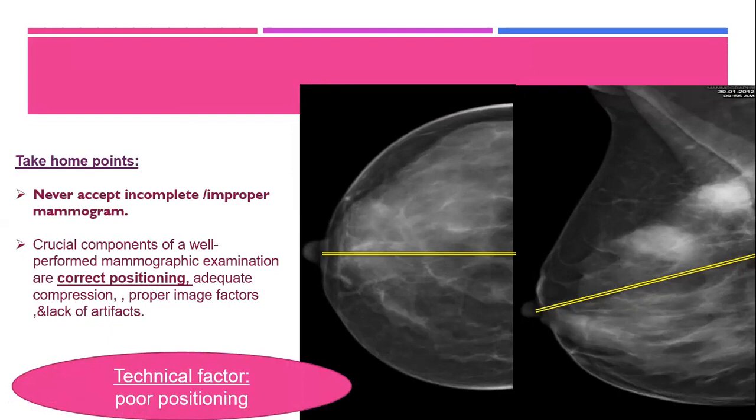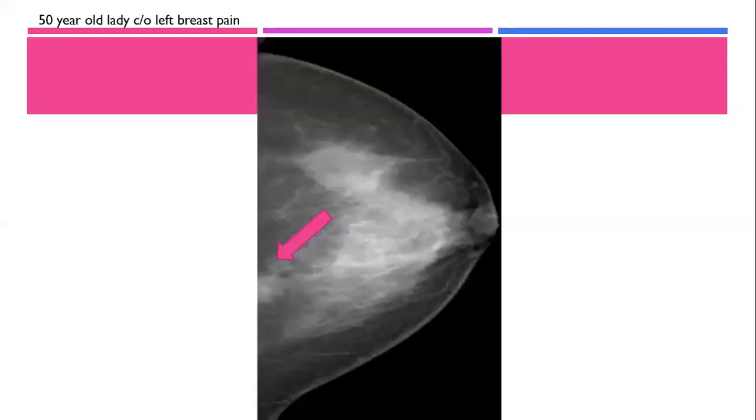Just to remind you, crucial components of a well-performed mammographic examination are correct positioning, adequate compression, proper image factors, and lack of artifacts. This image, also my patient, represents an edge of the film abnormality.